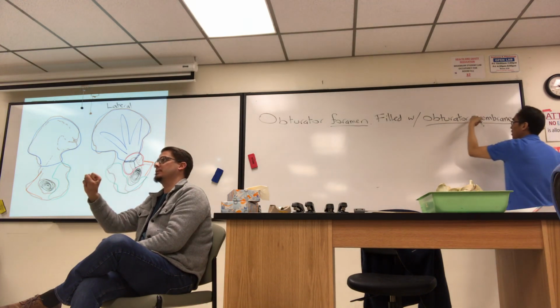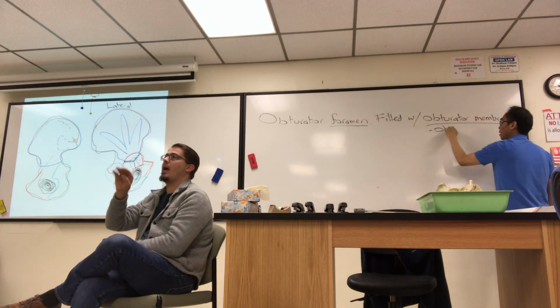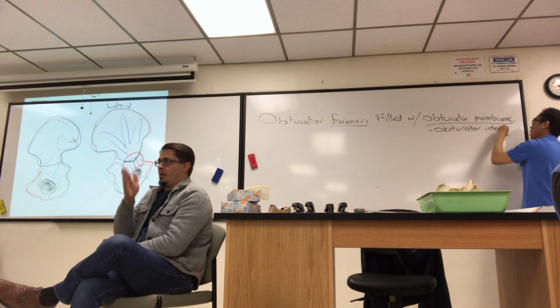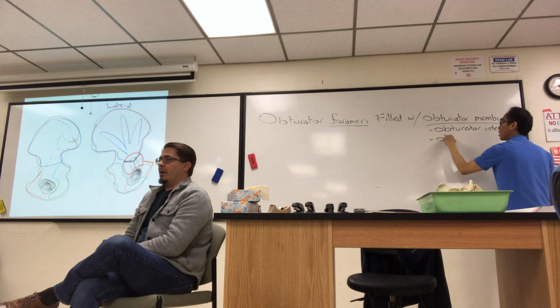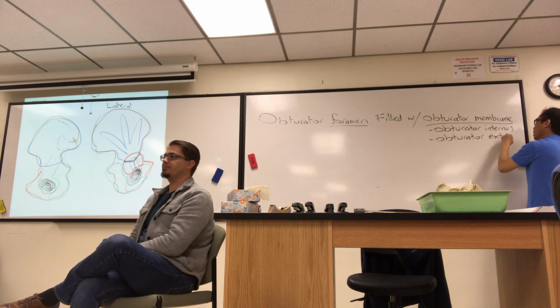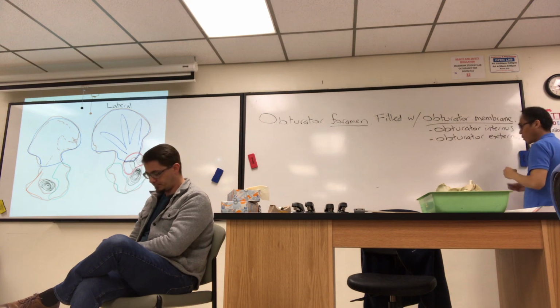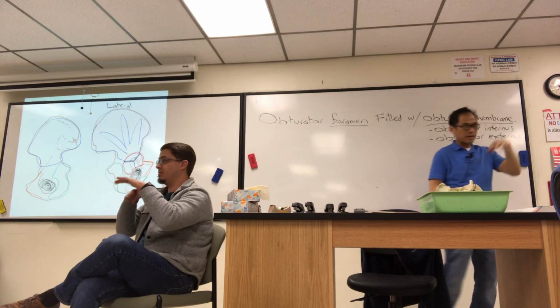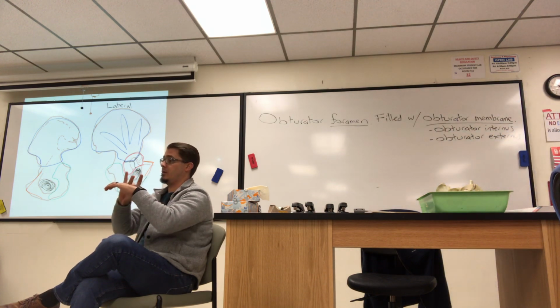They originate from this membrane. So that hole has a sheet called obturator membrane. There are two muscles that attach on either side, on the inside and on the outside.